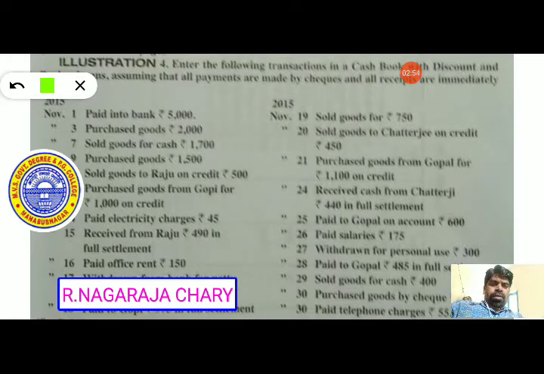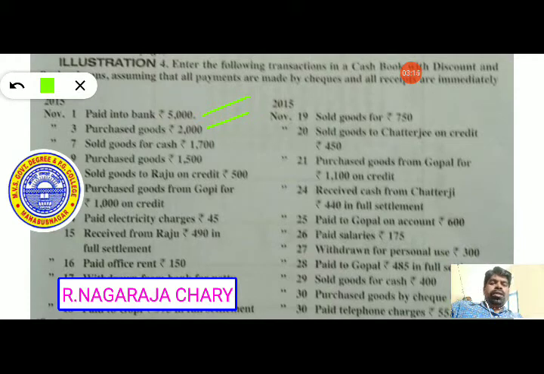On November 1st, 2015, paid into bank 5,000 rupees. So, we paid cash into bank, that is 5,000 rupees. How we post it in the cash book, we will see in the solution. Purchased goods 2,000 rupees.